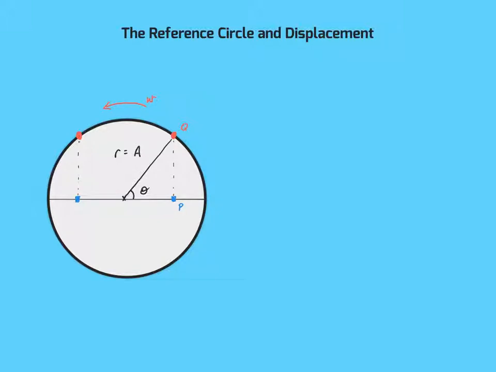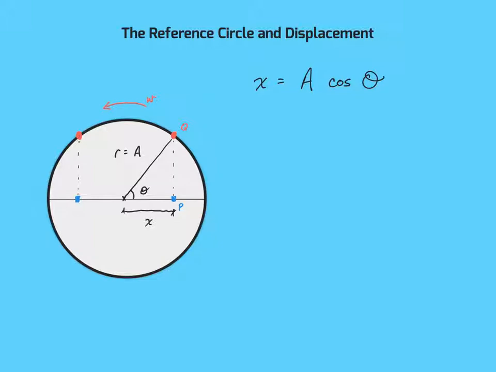We're going to say that that's the amplitude or the max position that this point P can get, or that the mass on a spring can get. So if we just use trig here, then the x position is just going to equal A cosine of theta.